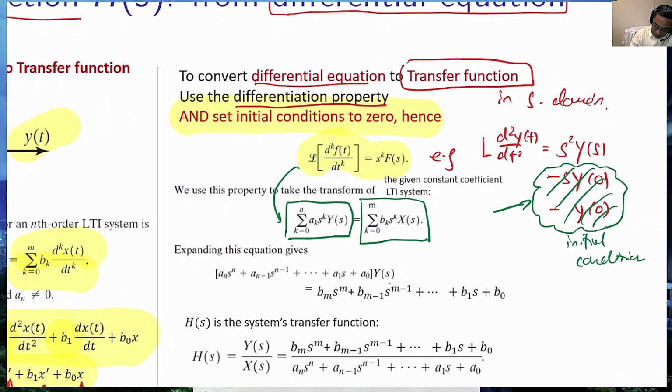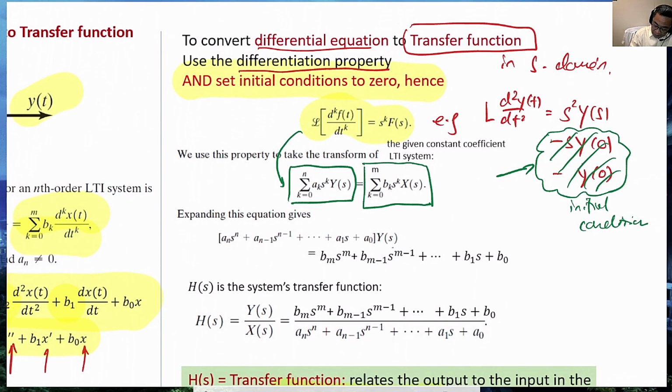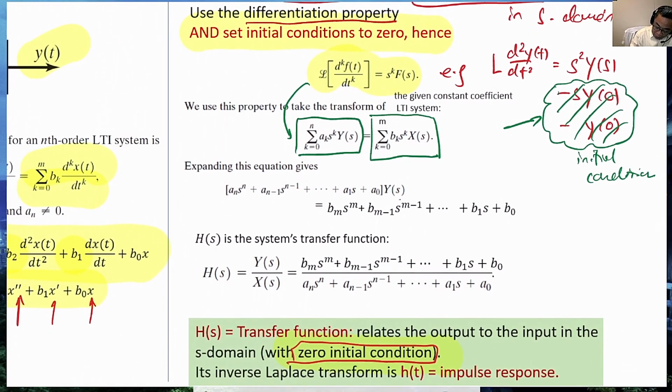Now, when we get that, what we then do is arrange the x and the y to be a ratio. And this ratio in the S domain of Y over X is called the transfer function, the system transfer function. It shows how the output is related to the input.